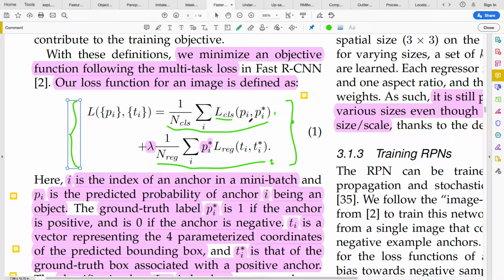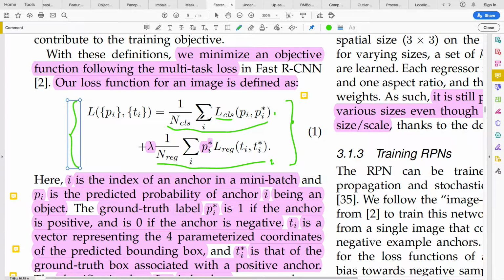So what do we want? We want our model to give us a probability as close to 1 as possible if the ground truth says the probability for the anchor box is 1, and otherwise.